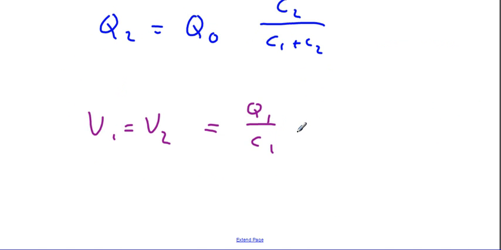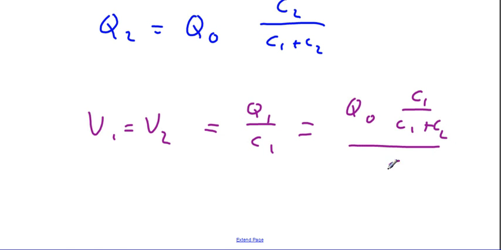And V2 has to be Q2 over C2, Q2 over C2, which would be Q naught C1 over C1 plus C2 divided by C1.